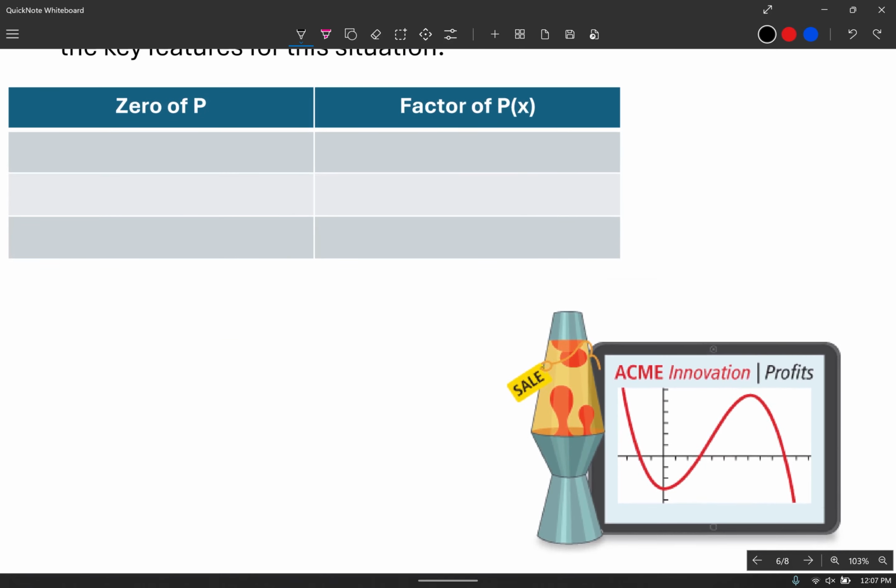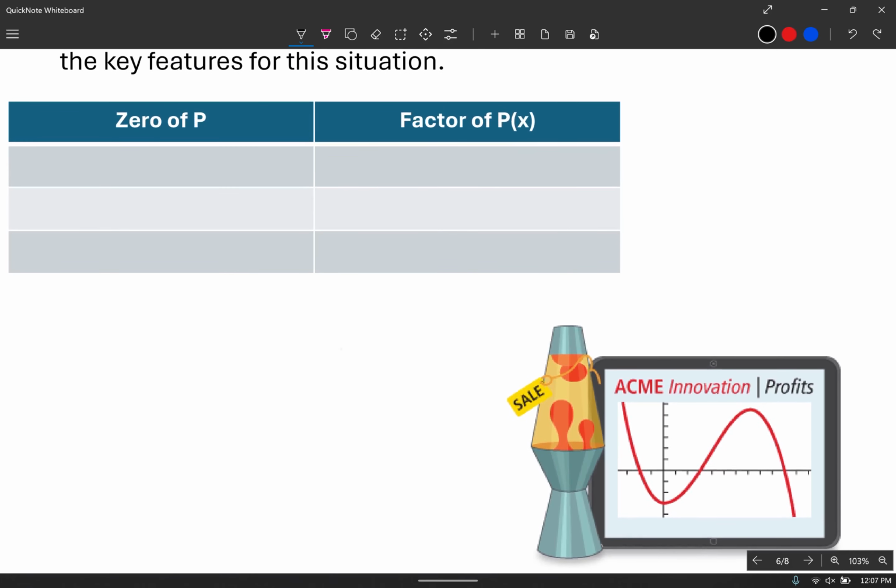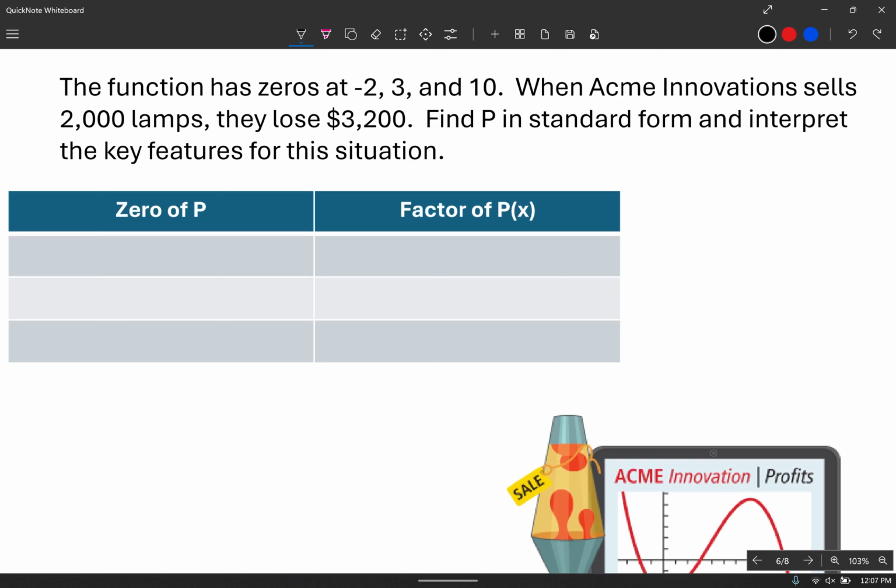All right, so we have a little graph down here, and we've got a table to fill in. So we were told the zeros were -2, 3, and 10. So we're going to work backwards. Think about when you solve an equation and you have your factors, like let's say you have x plus 7 times x plus 10, and you set that equal to 0.